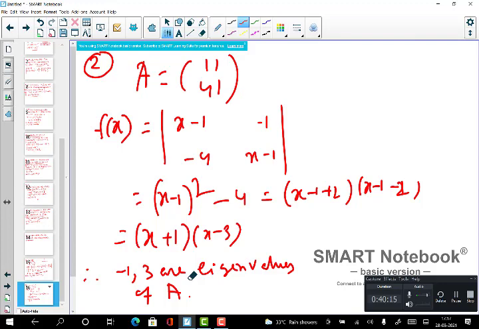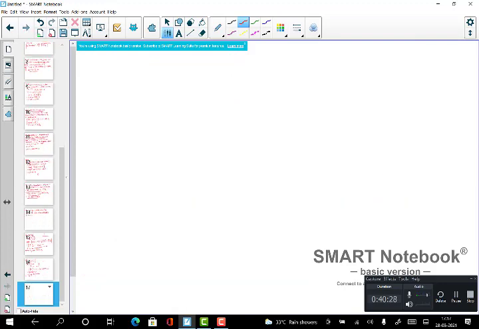We have two eigenvalues. Now we need to find the eigenvectors corresponding to, for example, 3 or minus 1. Let me start with 3.